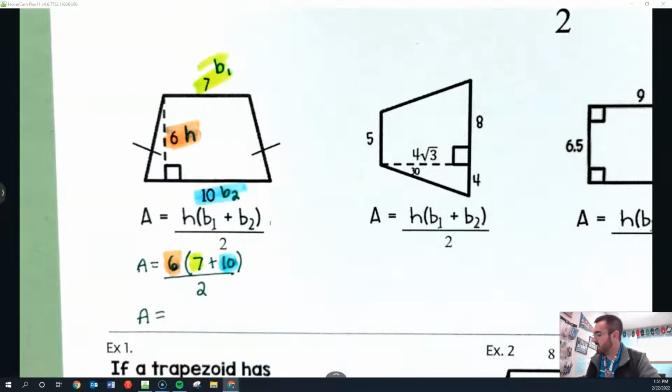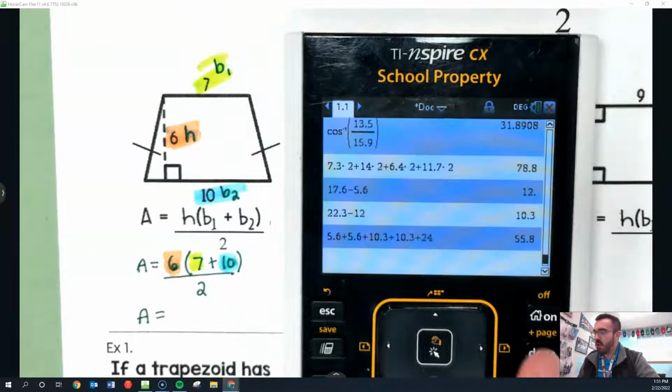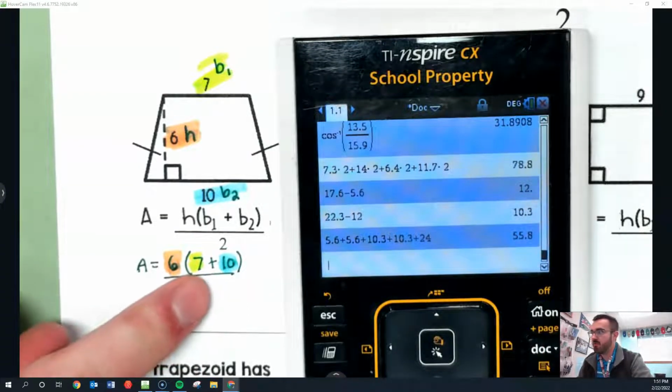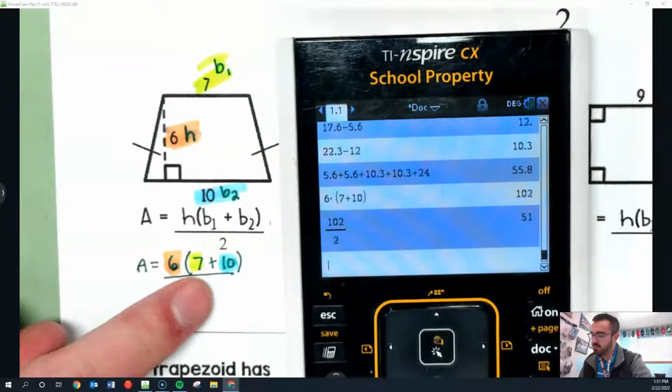Now, I would get out a calculator at this point. Here's what I would do. I would first find the top part. I would write it exactly the way I see it. So I would do 6 and then in parentheses 7 plus 10. Then I would divide all of that by 2.